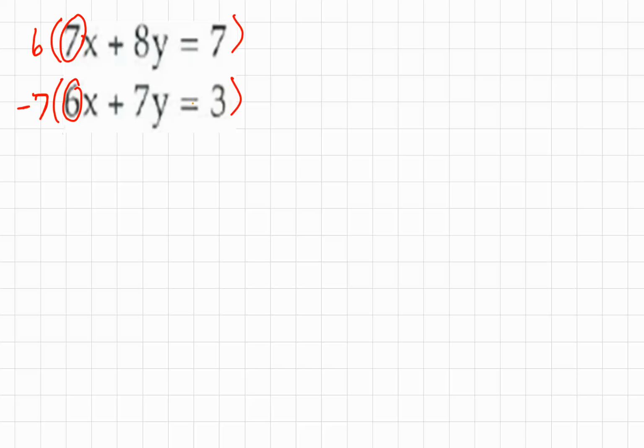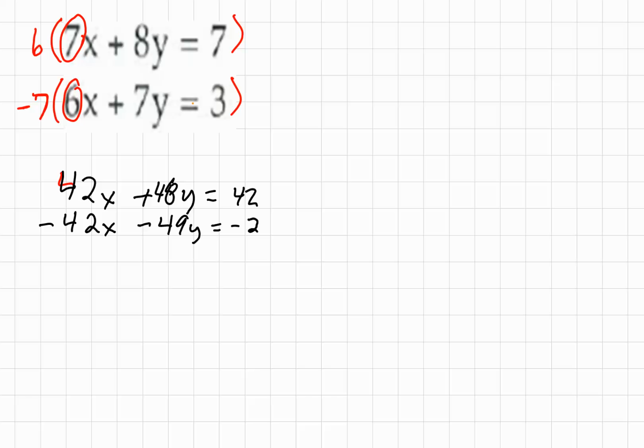erase that, the first equation becomes 42x plus 48y equals 42. The second one becomes minus 42x minus 49y equals minus 21.